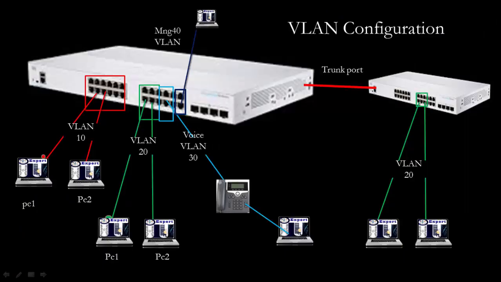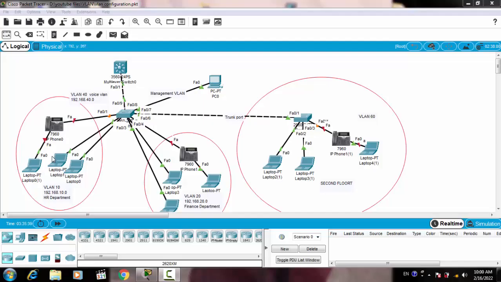In this VLAN configuration we will configure the voice VLAN. We can configure the native VLAN and management VLAN, and the trunk port. Let's start. We have a diagram in Packet Tracer. In this diagram we have an HR department, which we will configure for VLAN 10, and we have a finance department, which we will configure for VLAN 20, and we have another switch, which we name the second floor, that we'll configure to VLAN 16.